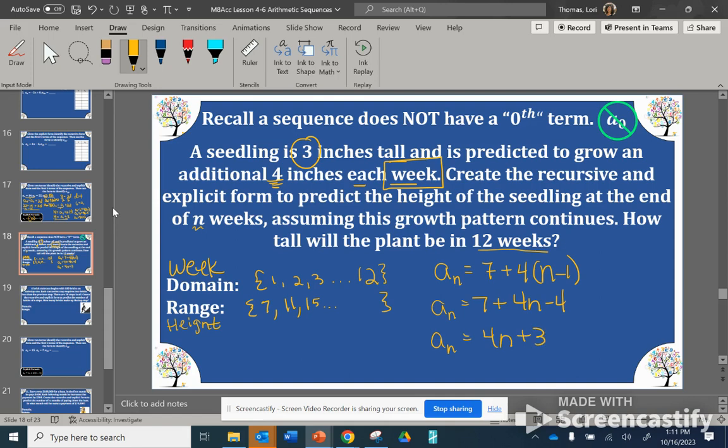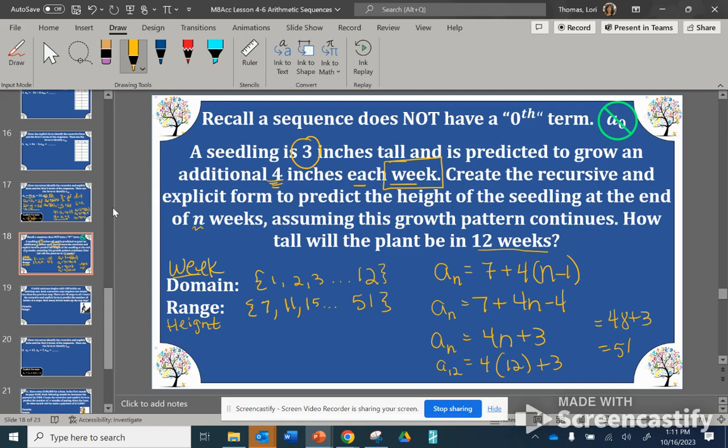And here is what we're going to use to find at week 12. So at week 12, we want to know how tall the seedling is. 4 times 12 is 48, plus 3 gives us 51. So at the end of week 12, it is 51 inches tall.